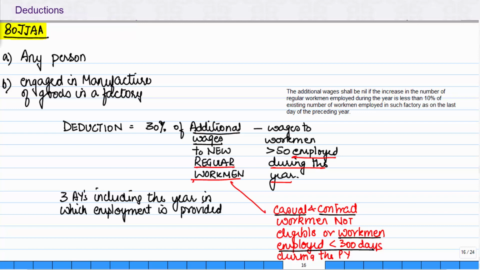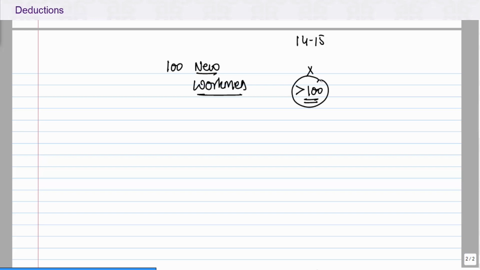Now, in addition to the deduction under Section 37, you get a deduction under 80JJAA. So, for example, if I take it in very simple terms, if I employ 100 new workmen, and the word is workmen. In 14-15, you would have gotten no deduction, because that year, only if you had employed more than 100, then for the number in excess of 100, you would have gotten the deduction.